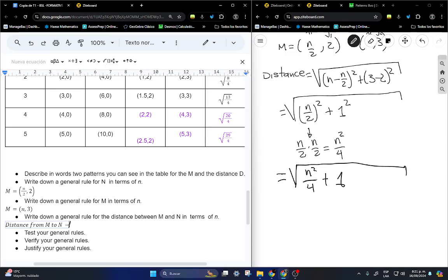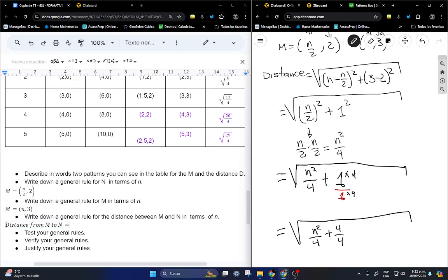Well, actually, yes. We can do something to this. Because remember, this is a fraction, this is not a fraction, so we can write a 1 underneath this. And make the operation. So this is the same as saying times 4 times 4, because we want to match the denominators, it would be n squared fourths plus 4 fourths, because that's 1.